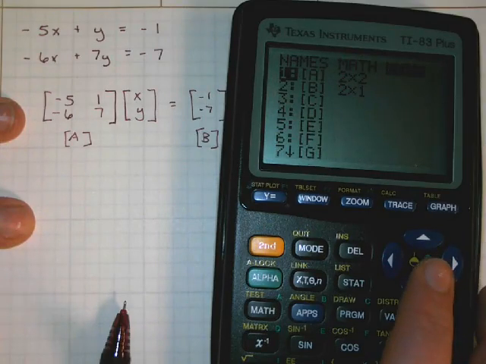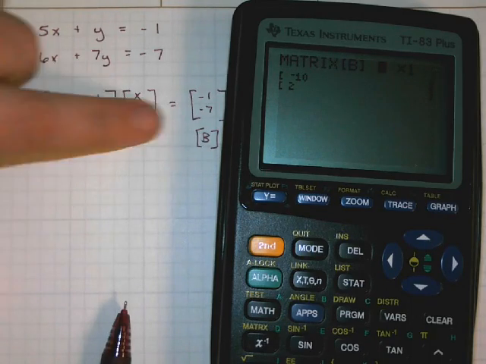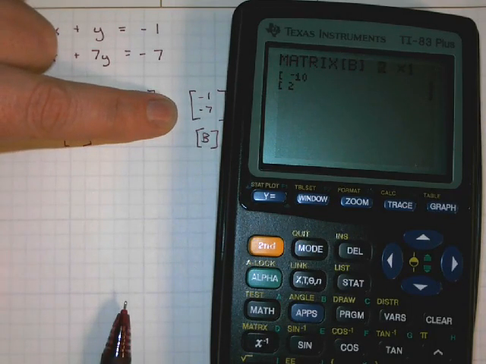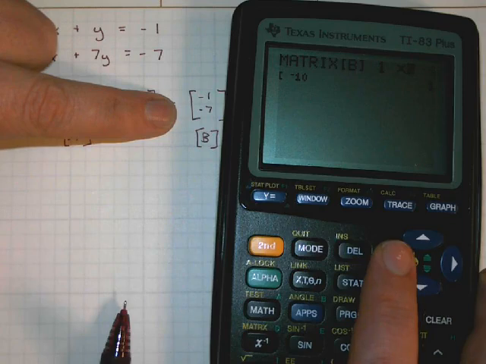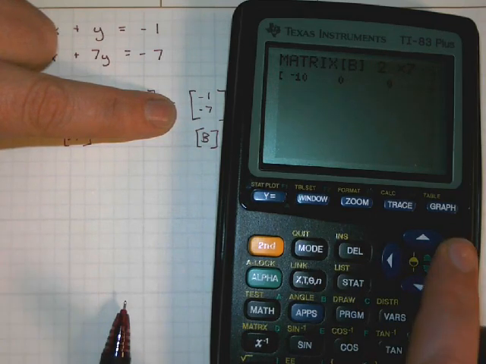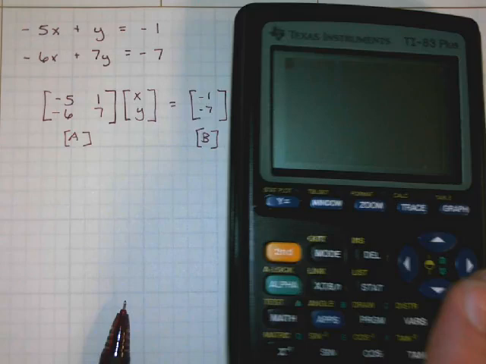I'm going to go back over to edit, and I'm going to go down to matrix B. This is going to be a 2 by 1, but I'm going to have numbers of -1 and -7. Oh, sorry, I messed that up. This is going to be a 2 by 1, and then I'll have -1 and -7. Okay, so I'm going to quit that.